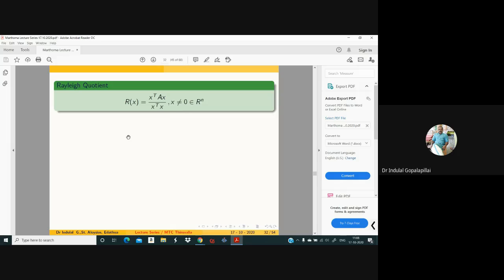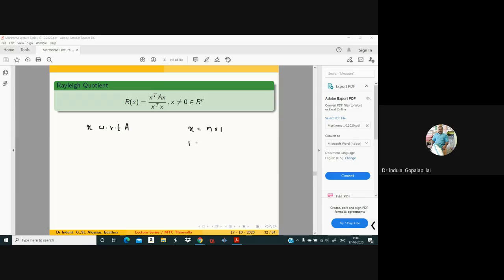Suppose A is a symmetric matrix and X is an n by 1 column vector in Rn. Then the Rayleigh quotient of X with respect to A is defined as the scalar X transpose AX by X transpose X. This is actually a scalar because X is an n by 1 column vector.